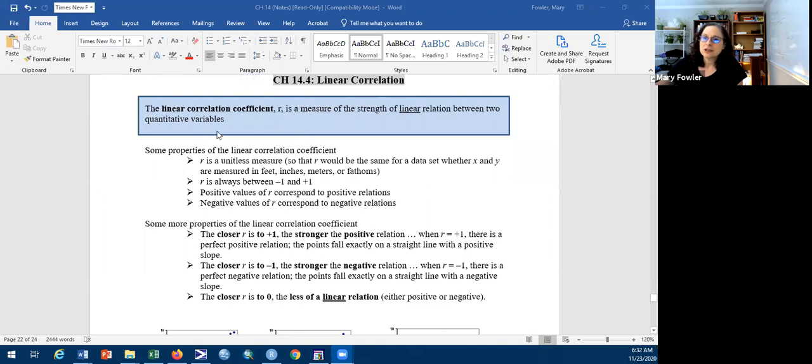Linear correlation can be interpreted without really thinking about a regression model. We often think about the correlation between two variables. We don't necessarily have to have an underlying regression model to do that. The coefficient of determination is truly part of the linear regression analysis, okay?